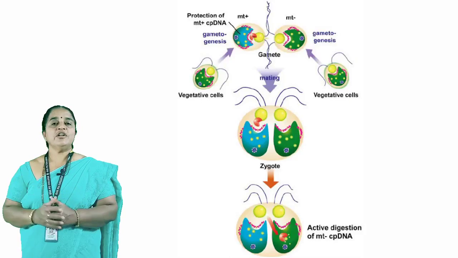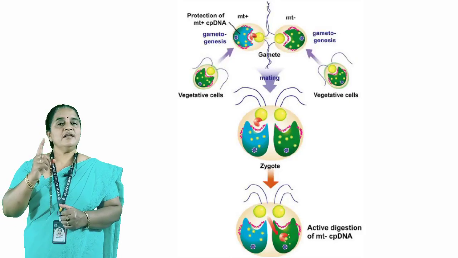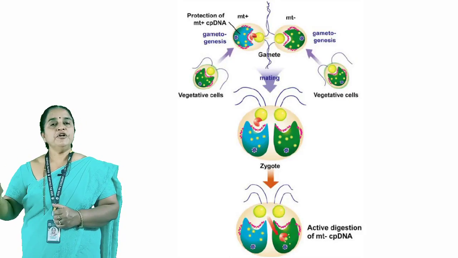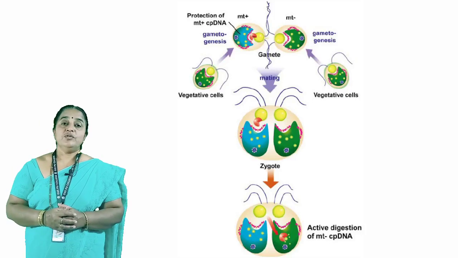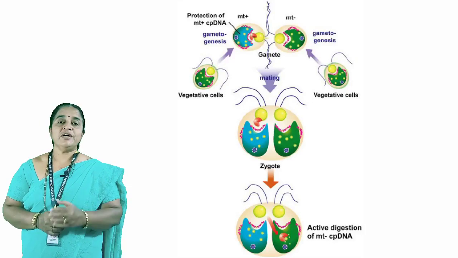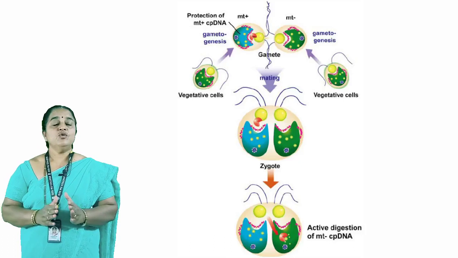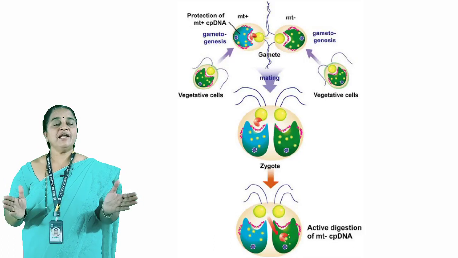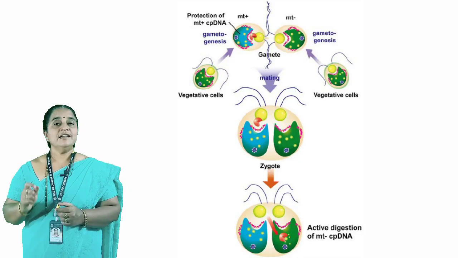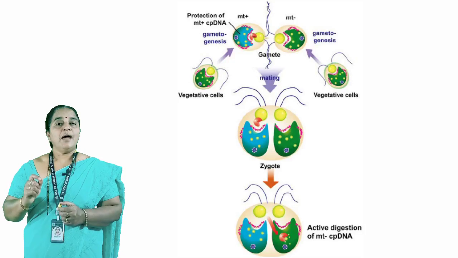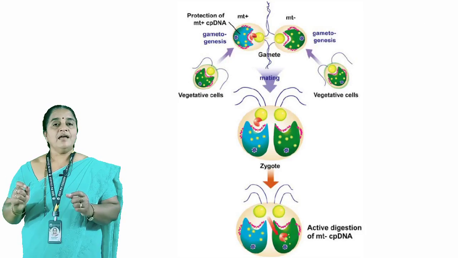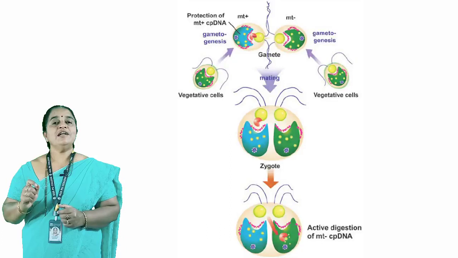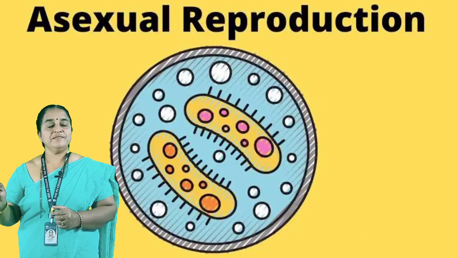In such organisms, a single organism can produce its progeny. So it is uniparental reproduction, where no fusion of male and female gametes occurs. Hence, it is called apomixis. And in a broad way, we call it the asexual phase.